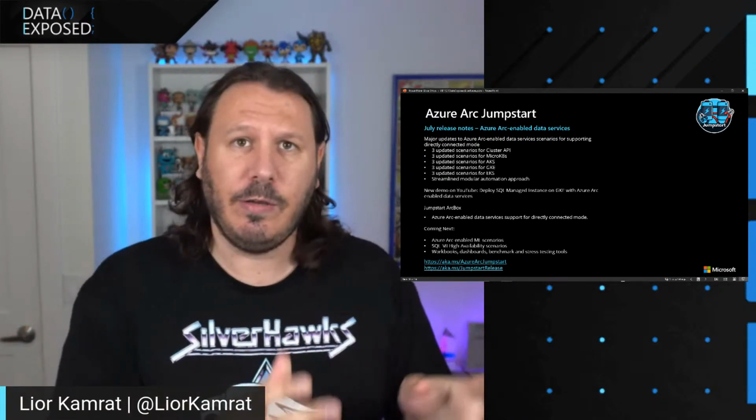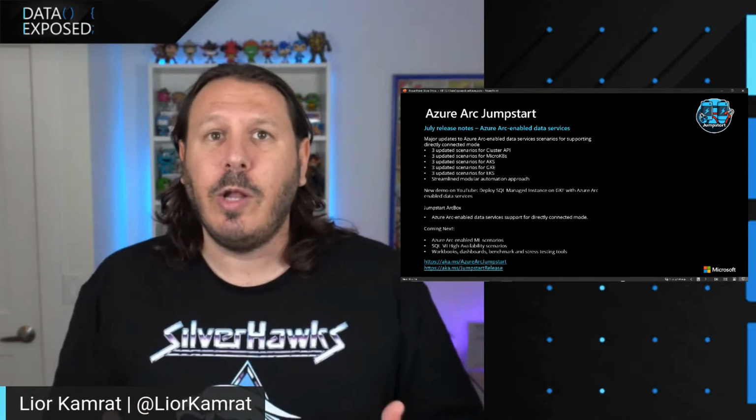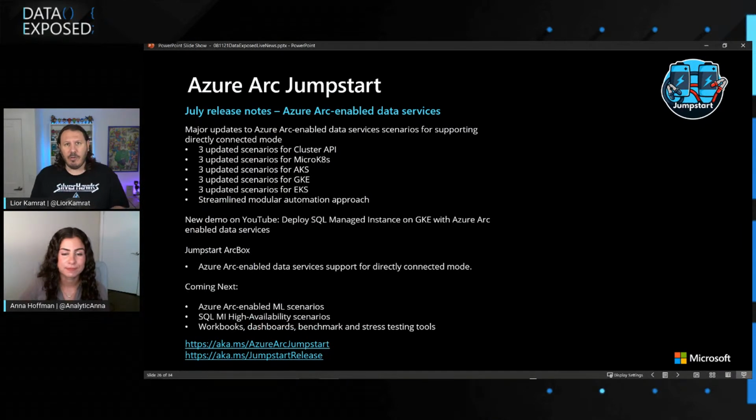And in this release, because like you mentioned, Anna, Azure Arc Data Services went through a major milestone with the general availability of SQL Managed Instance in the general purpose tier. Obviously, we have the business critical coming up, but we focused a lot on the data services side of things in this release because we wanted to make sure that all the scenarios that we developed throughout these months are now up to date with the latest features and capabilities.